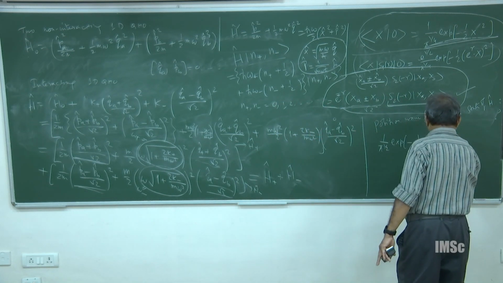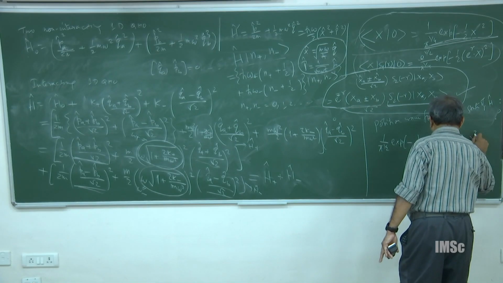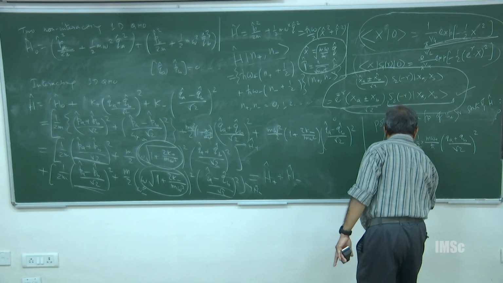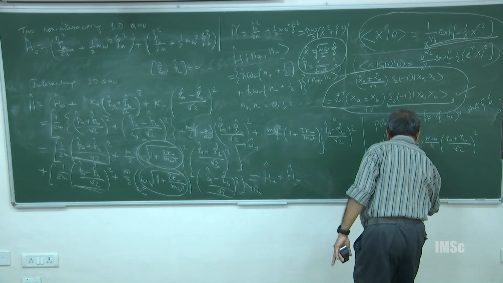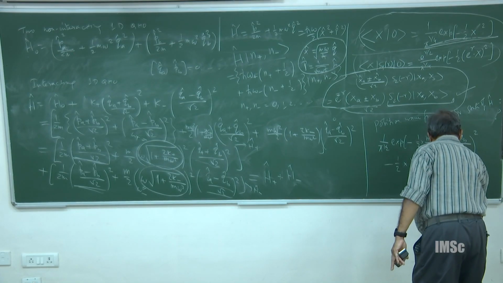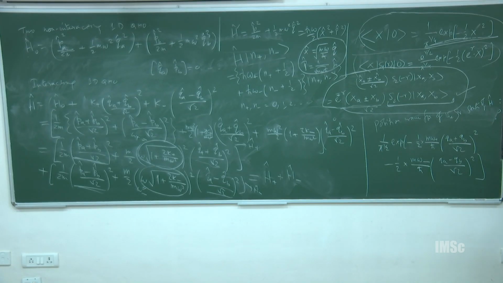So this is qa plus qb by root 2 whole square, minus half m omega minus by h cut, this is qa minus qb by root 2 whole square. Is it clear? This should be the case.